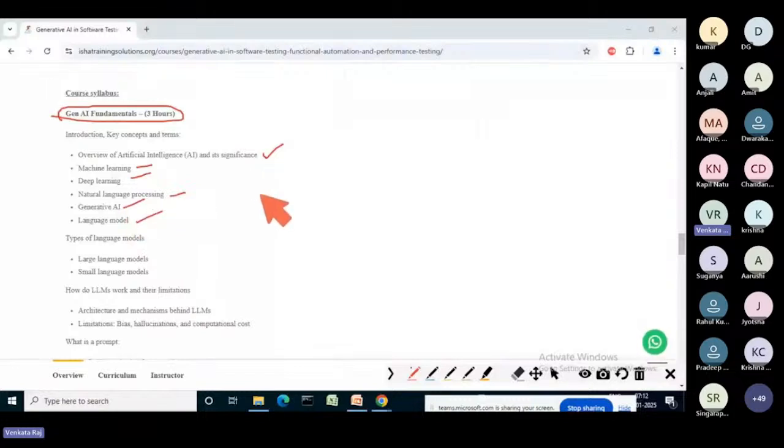So we are going to understand about them. Now, what are the different types of language models, based on which our generative AI will work? They are large language models and small language models. So we'll understand what is a large language model and what is a small language model. Then our focus will be largely on LLM, that is large language model.